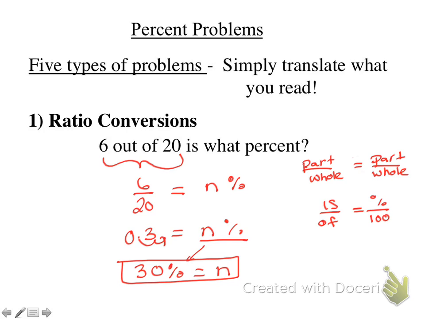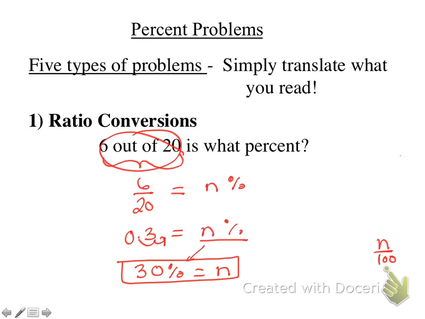So first we say to ourselves, for the percent we're going to use a variable n, 100 out of 20. This is not really going to work this way. I would just make your original, forget the part to whole.